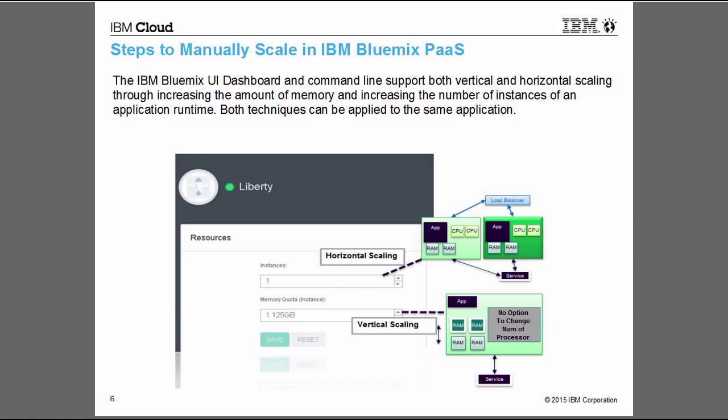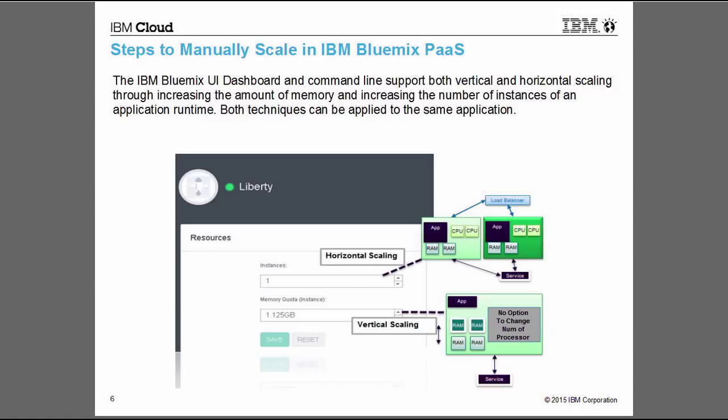If you're talking about horizontal scaling in Bluemix and how that can be done manually, you can just go and increase the number of instances based on the load.